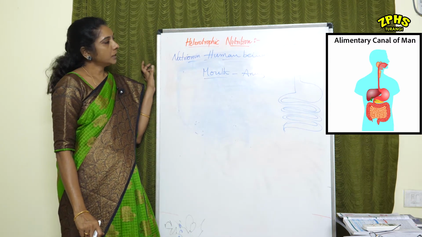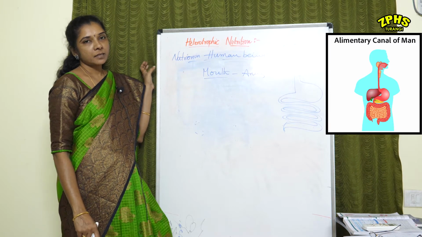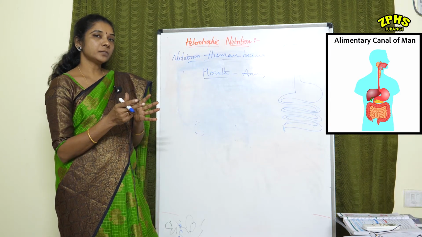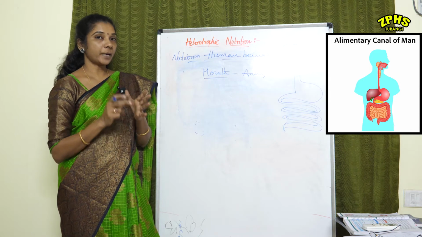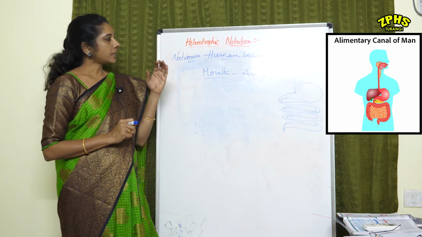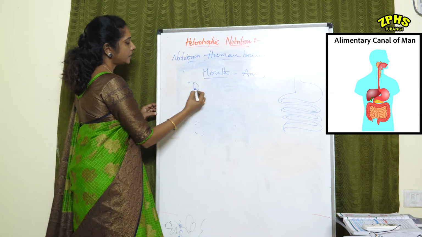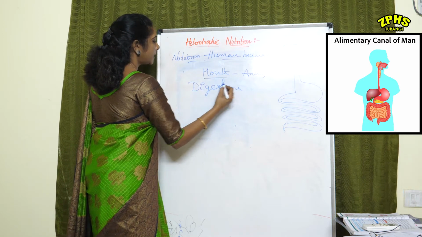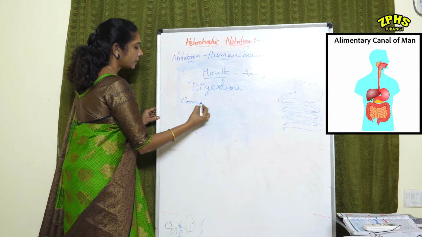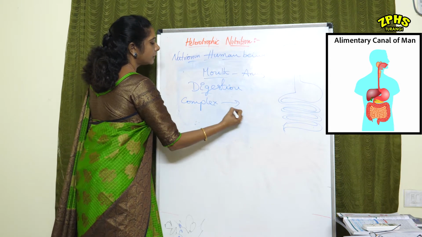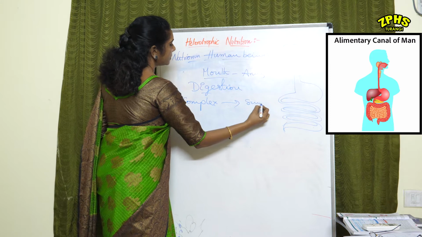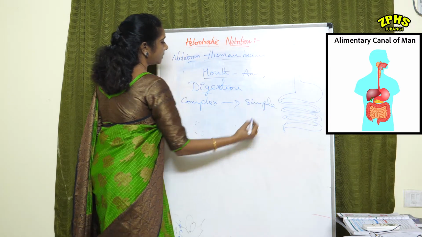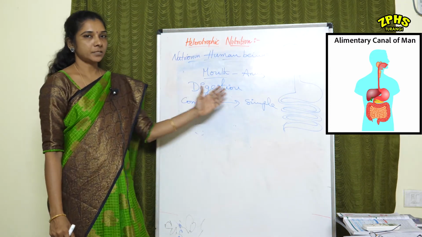In photosynthesis, plants use simple molecules and form complex food molecules. Digestion is simply the reverse of photosynthesis. In digestion, complex food molecules are divided into simple molecules.